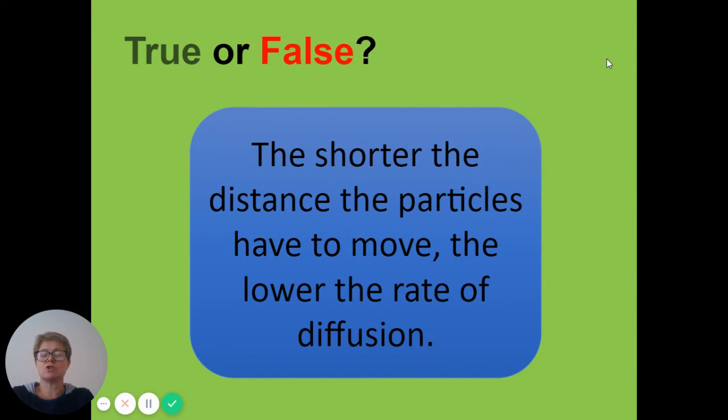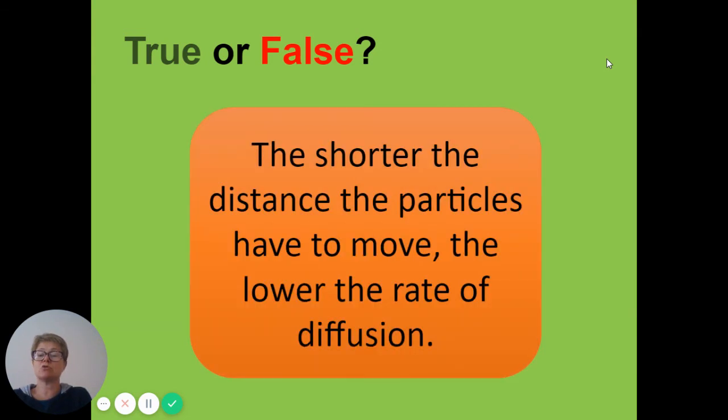True or false? The shorter the distance the particles have to move, the lower the rate of diffusion. Okay, well that's actually false, because if there is a shorter distance, then the particles will actually diffuse more quickly.